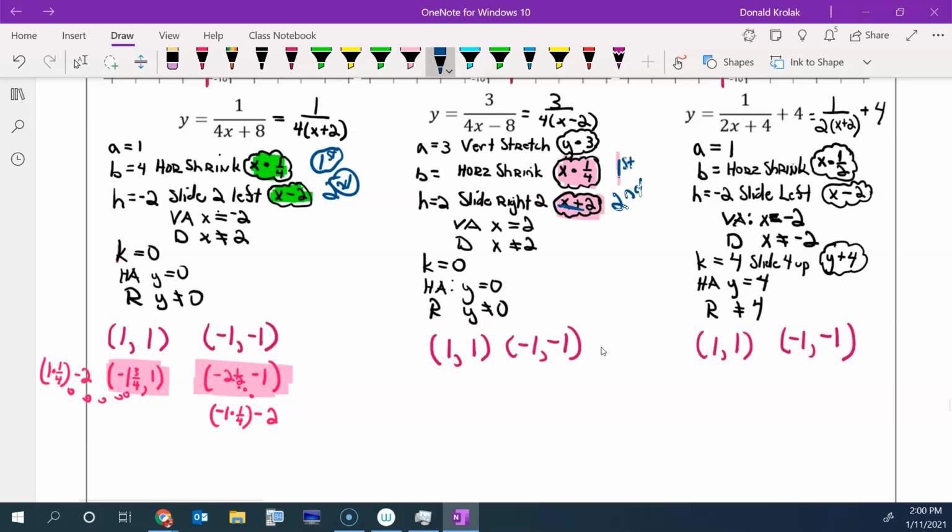And then this deals with the y coordinate, so I can do it at the very beginning or at the end. Okay, so 1/4 times 1, then I'm going to add 2. So it's 2 1/4.